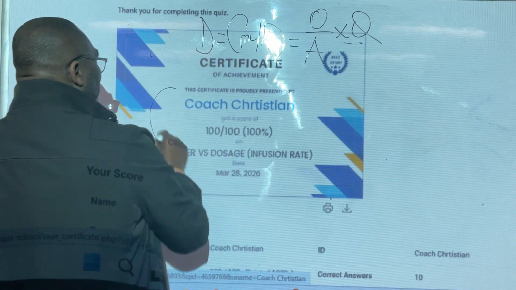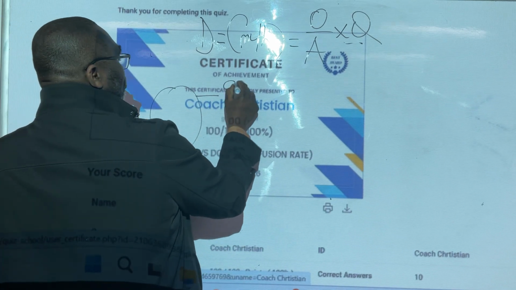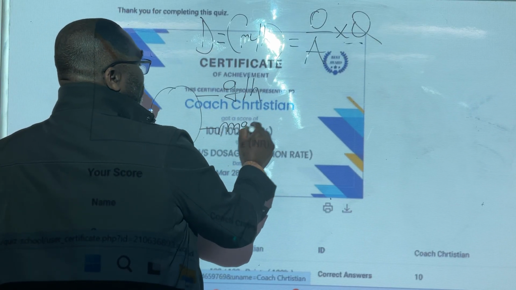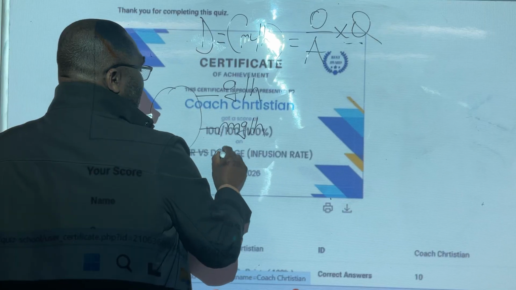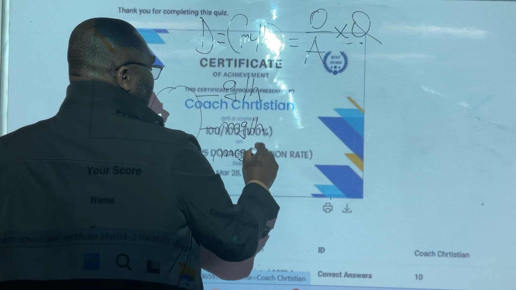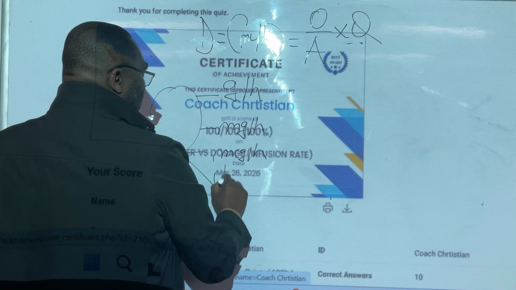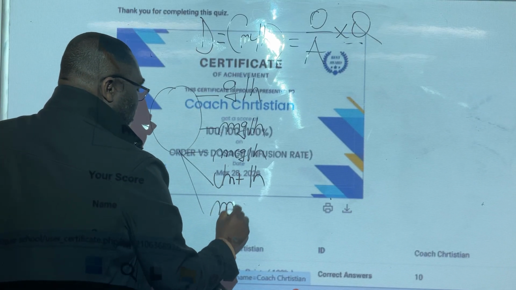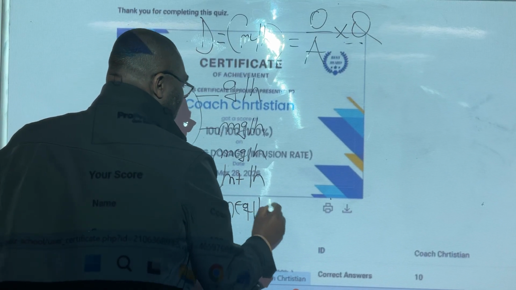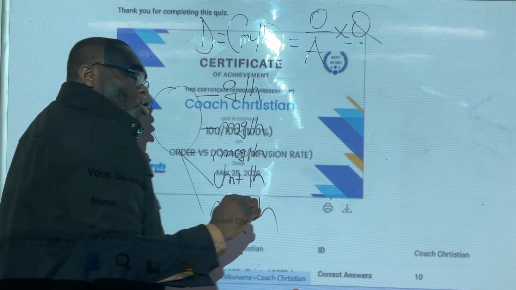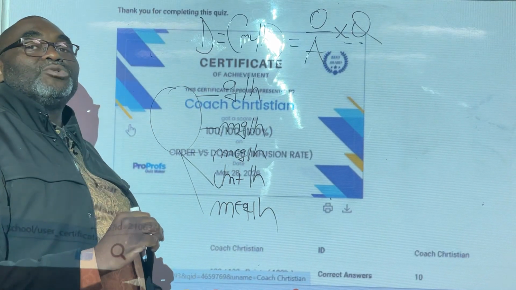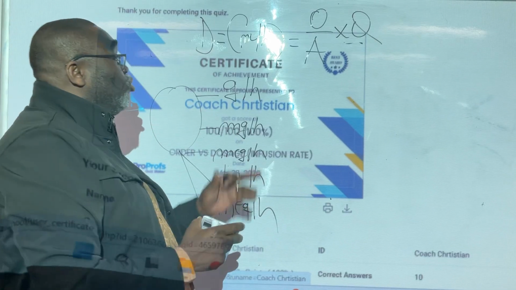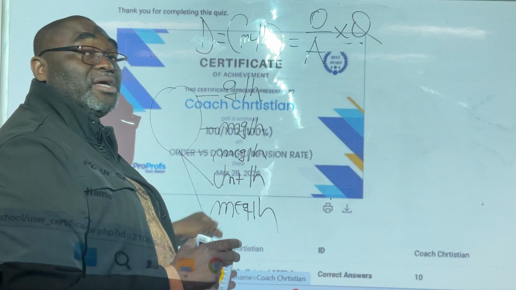Your order will be expressed as gram per hour, milligram per hour, microgram per hour, unit per hour, or mEq per hour. These orders can have siblings as well. Before you do anything, you have to make sure your order is in one of these shapes.